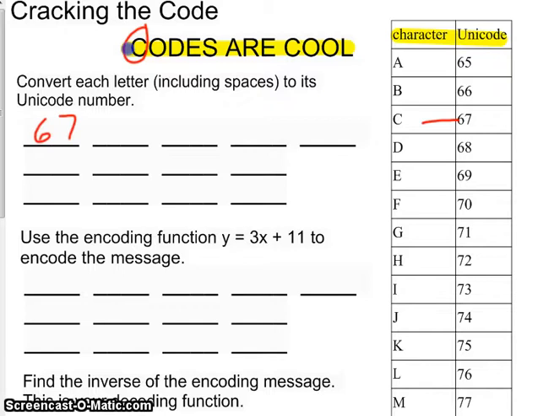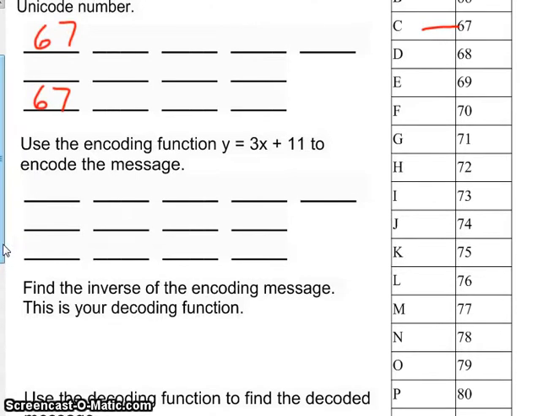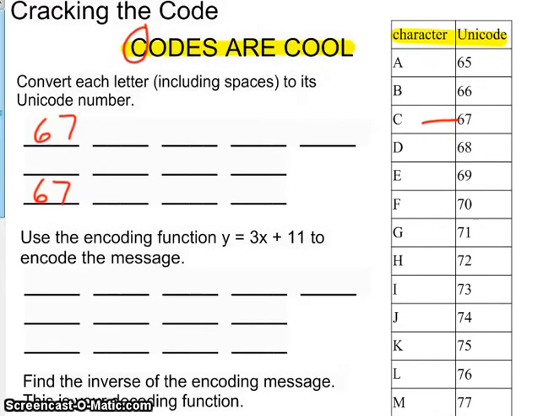Now, while I'm here, it'd probably save me some time if I were to put 67 for all the C's. So there's another C down here in the third word. O, I'm going to have to scroll. O is 79. So I've got 79, 79, 79.